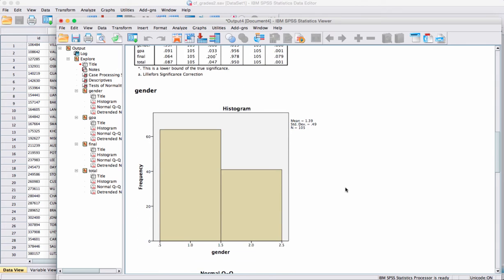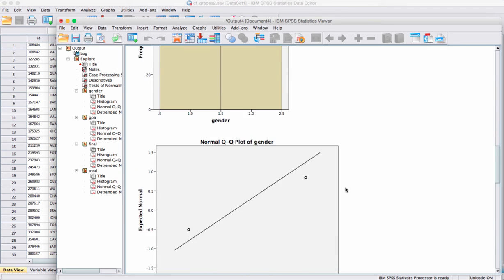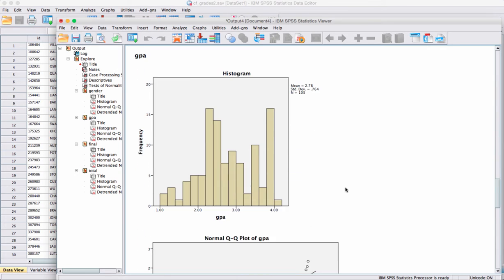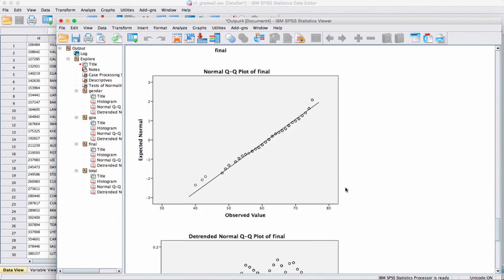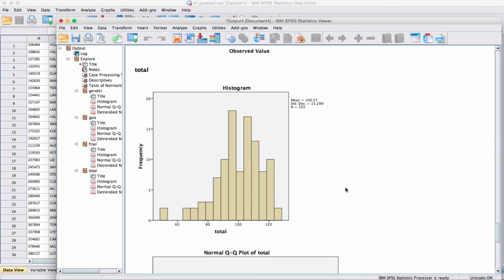Then we have our histograms for gender, GPA, final, and total. And for this analysis, what you're going to be focusing on is writing a research question and hypotheses for the relationship between GPA and final.